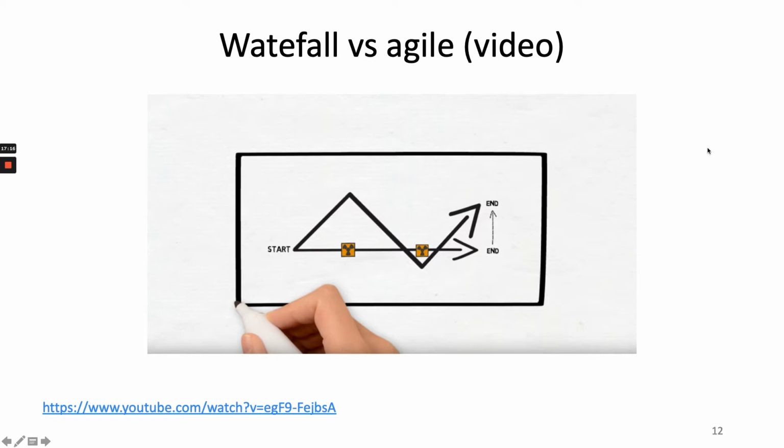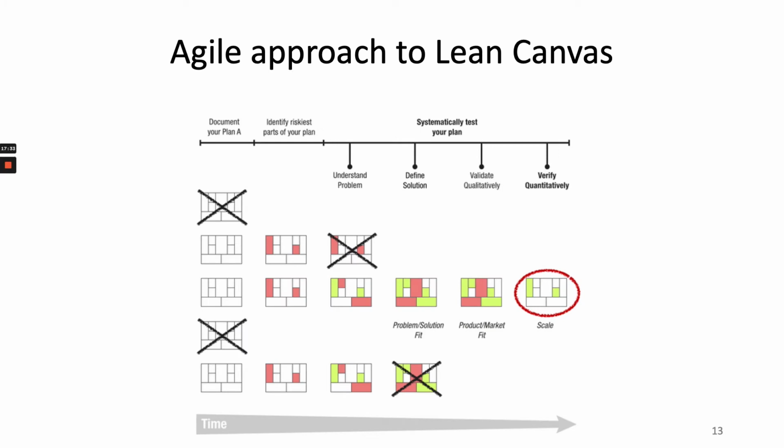There is a video you can play. What is the difference between waterfall and agile? You have a link here, so you can have further information about this topic. So why are we doing the agile approach? Why am I doing the comparison between waterfall and agile?